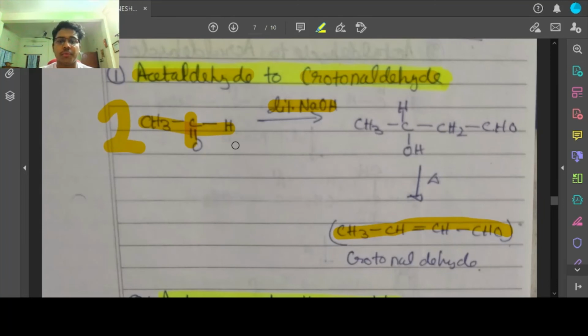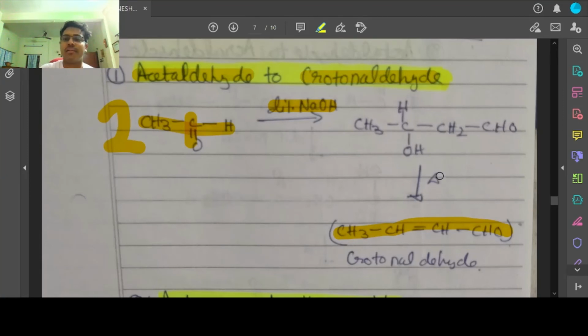I hope you know it thoroughly, and you can do it just by seeing, without any pen and paper. So CH3 C double bond O H, that alpha hydrogen reacts with the double bond oxygen, so it becomes OH, and a single bond is formed between the two central carbons. So it forms CH3, CH(OH), CH2, CHO.